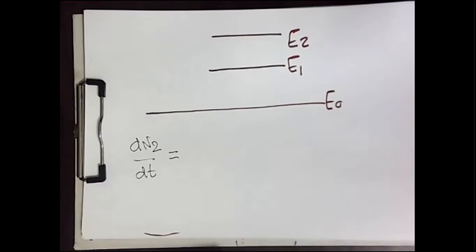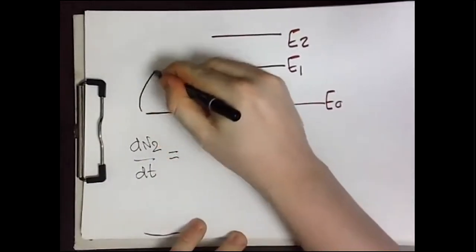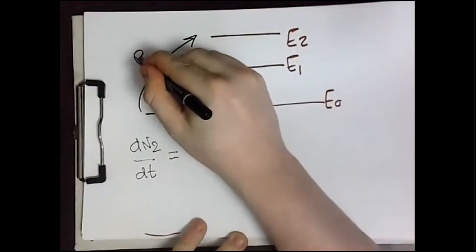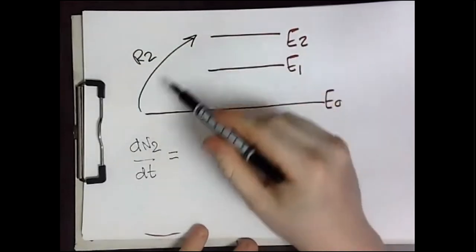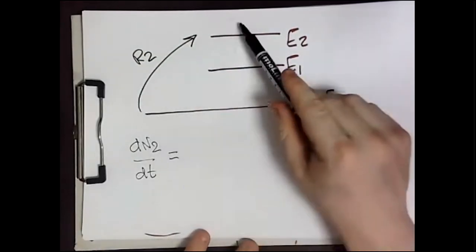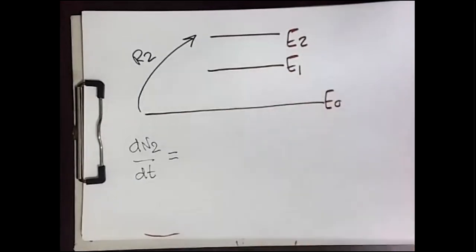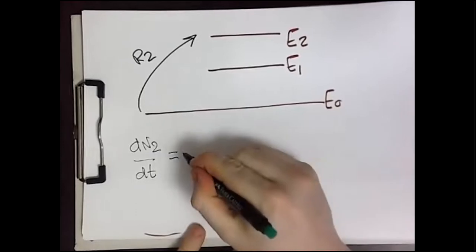First of all, let's start to think about what are the reasons for which the population of E2 can be increased. So one of these reasons is the injection rate, R2. R2 is the injection rate from the ground state to the energy level E2, which of course acts to increase the population of N2. So we will add the term R2 in positive.